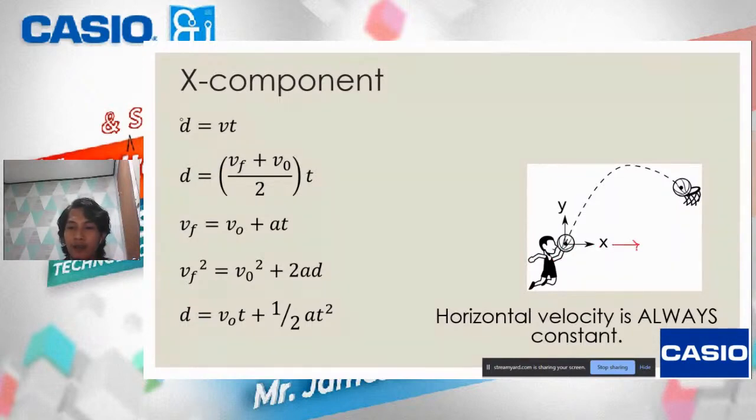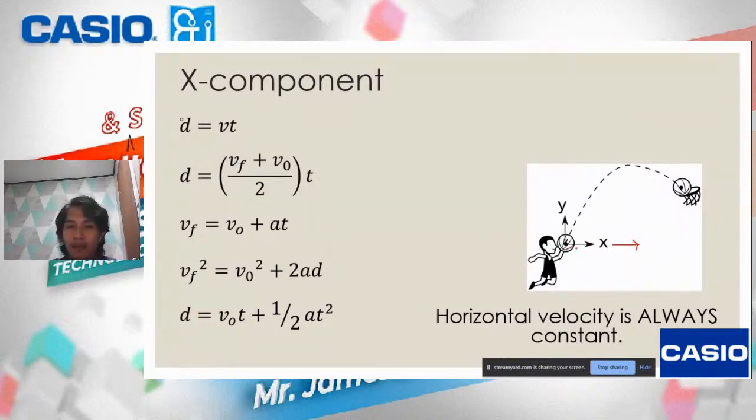Yan, constant siya. So, what do you mean by constant, sir? Or horizontal velocity is always constant. Hindi siya nag-accelerate or yung speed niya hindi nagbabago. Kaya from time to time, yung distance ng ating bola hindi nagbabago sa ating X component.